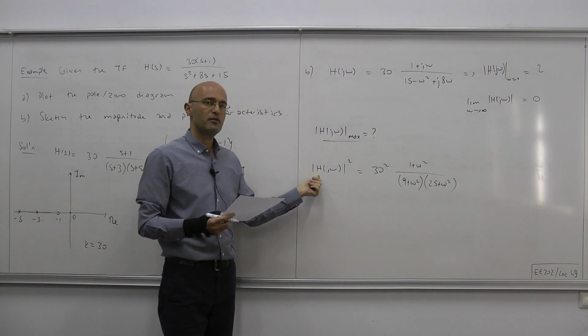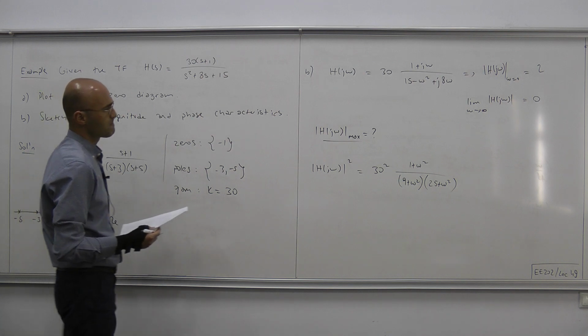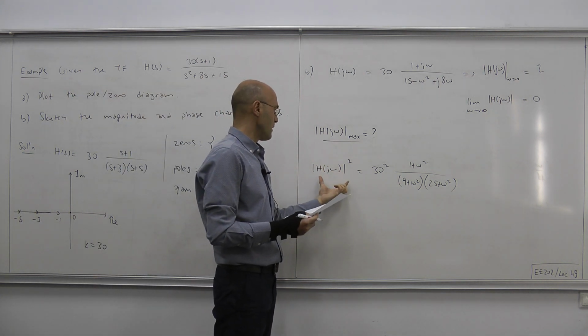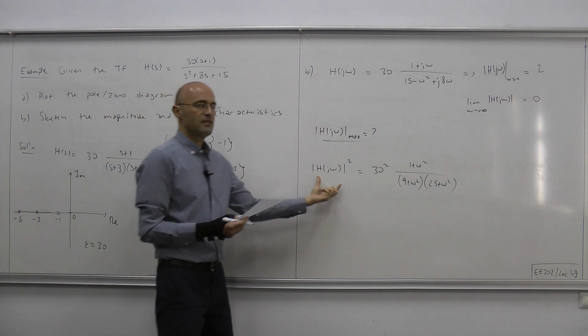Okay, so that's the square of the gain, |H(jω)|, and now we will try to figure out the maximum that that function attains.